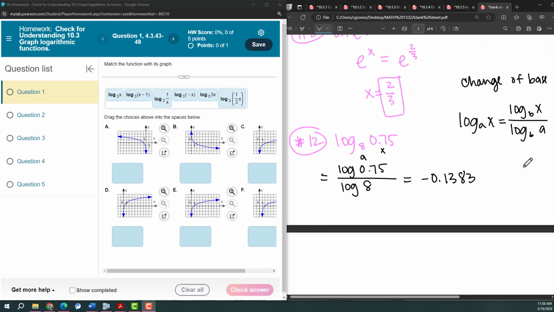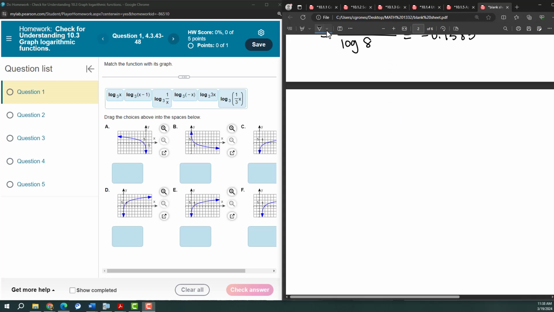So let me write some of this out. I'm going to do blue now. So this is 10.3 and then number 1, matching the graphs.